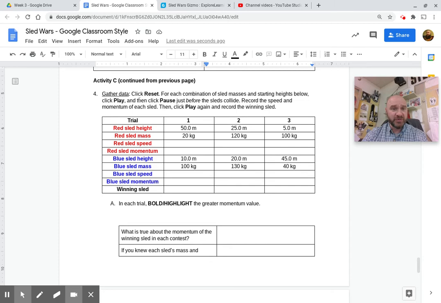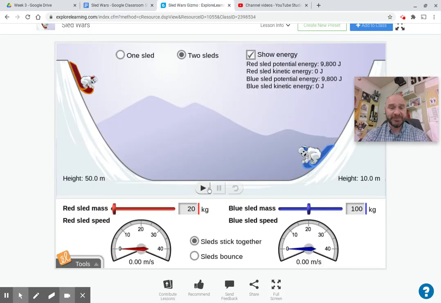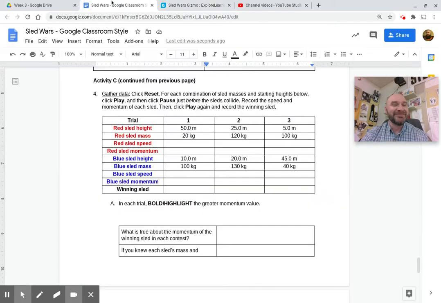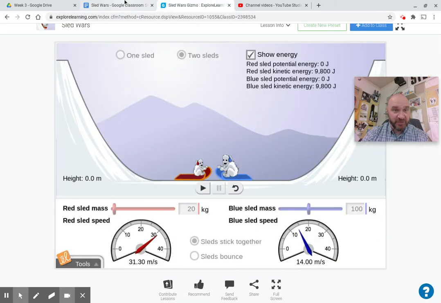We are going to click play and then pause just before the sleds collide, record the speed and then momentum. So I'll click play, pause before they collide. Oh, he looks so smiley and small. He's going to die. We can observe the speed. The speed in this case is 31.3.